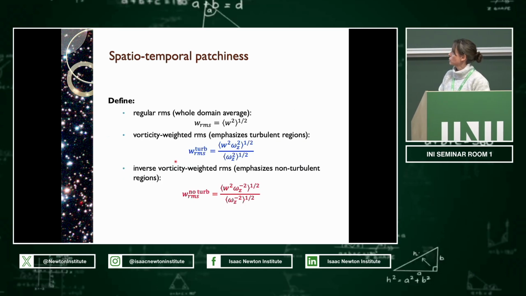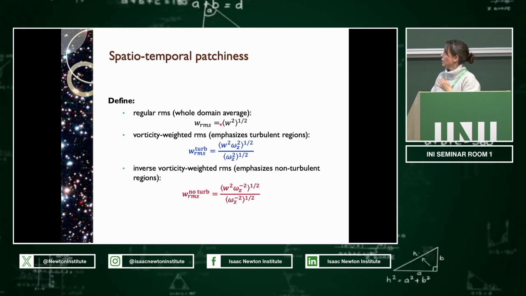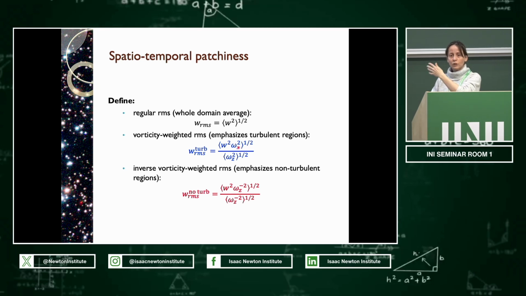And so we're going to construct 3 quantities. One, which is the regular RMS velocity. Another one, it's an RMS velocity strongly weighted by this vertical vorticity squared. And that one, as you can see, because this is only big in the turbulent patches, is going to be an average over the turbulent patches. And this is now the inverse.